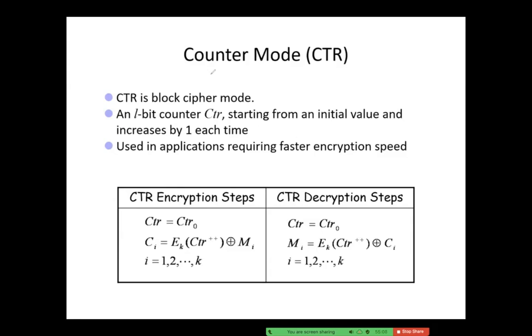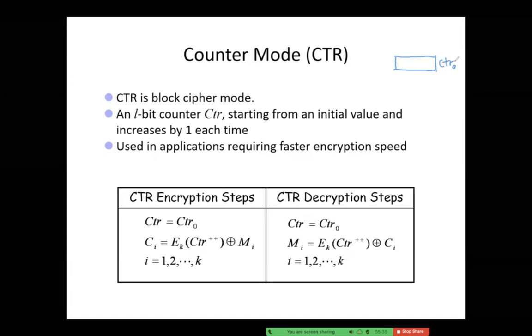So we are going to feed this block. Initially we maintain a counter. Let's say this is a counter. So initially we have an initial value CTR 0. But let's just say this is a counter. So let me remove that 0. We have an initial value to begin with.